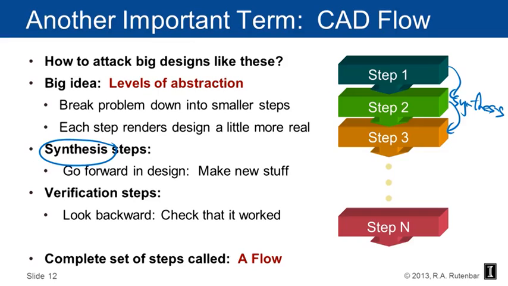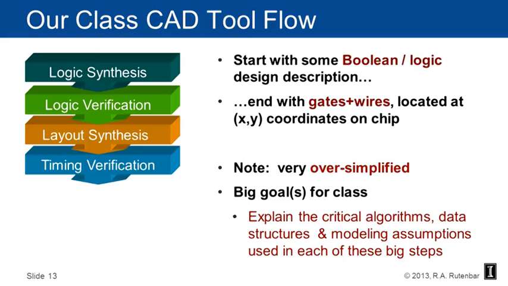They take the stuff from the last step and they make it a little more real. And the verification steps, those are the ones that look backward. Those are the verification steps. They check that it actually worked. And a complete set of steps is called a flow. And flows can have many hundreds of steps in a real industrial design. But for our class, we're going to have a really simple flow.